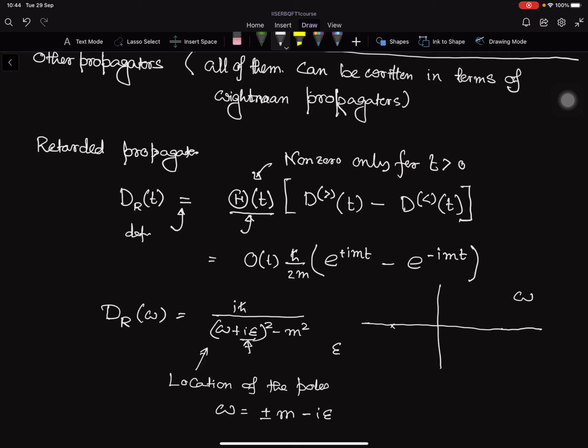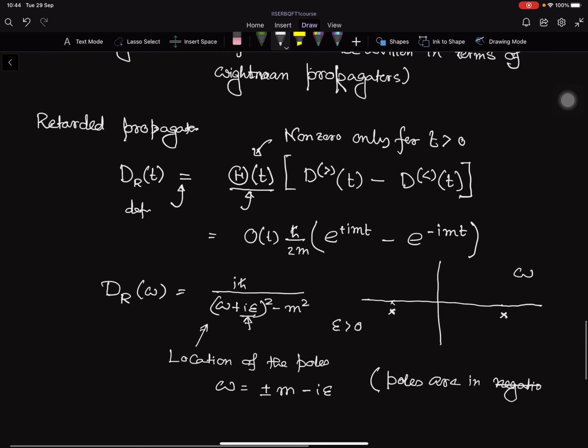So epsilon is always greater than 0. So the poles are somewhere here. Okay, so poles are in the lower half plane.